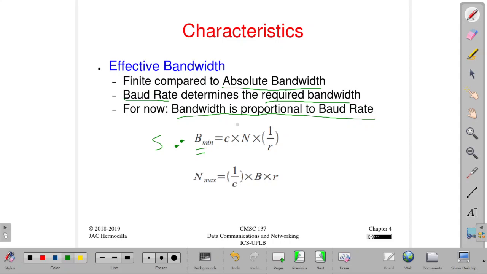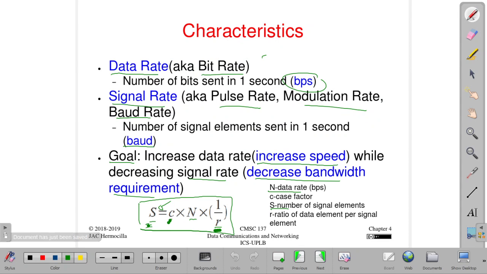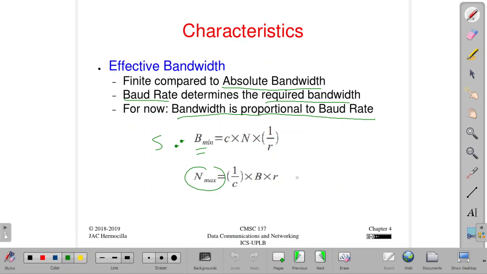And by manipulating this equation, we can get N max, which is equal to 1 over c times B times r, which is actually B times r over c. So again, N is the data rate. Essentially, the higher the bandwidth, the higher the data rate.